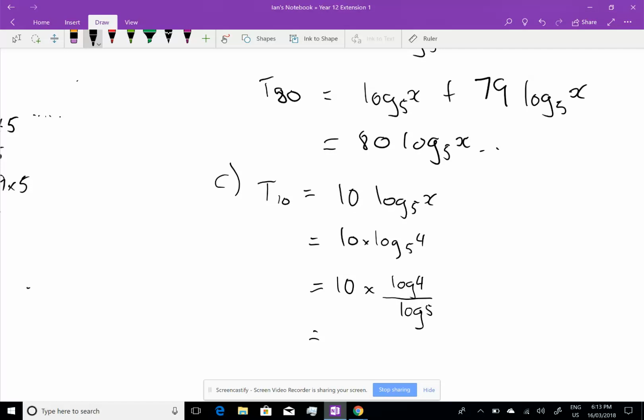So if I go 10 times log 4 divided by log 5, I get 8.6, which is the correct answer.